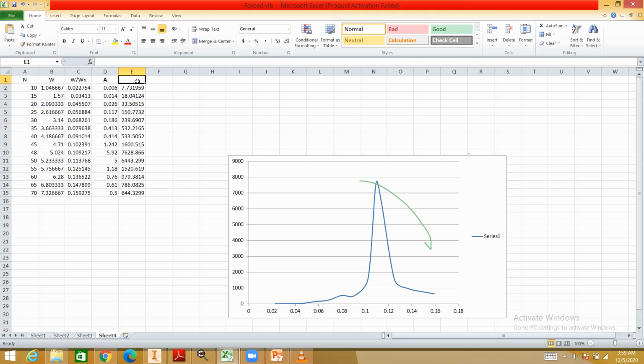And the last column, I think I have made a mistake in the calculation of the m0e upon M. Just check that calculation once again.